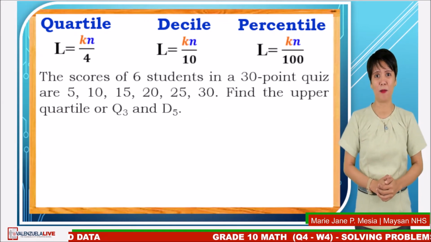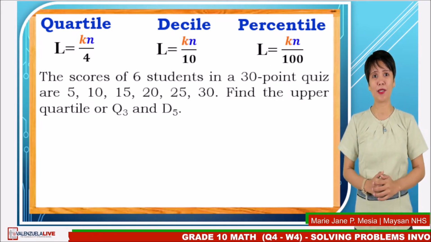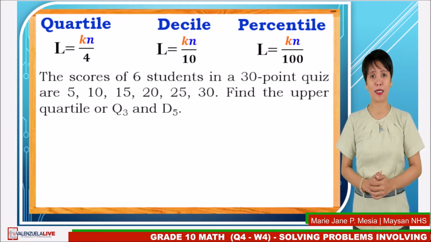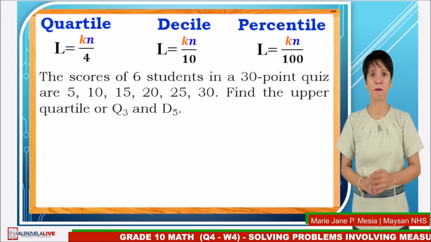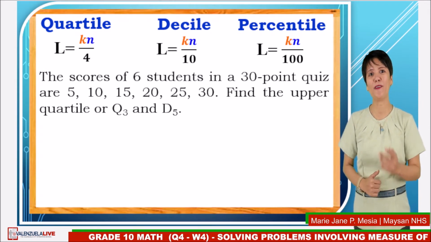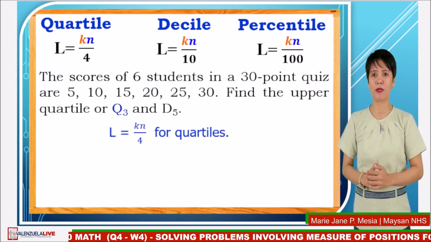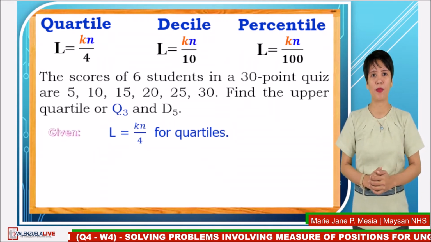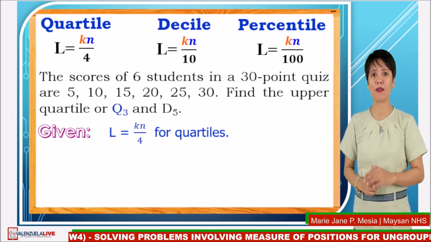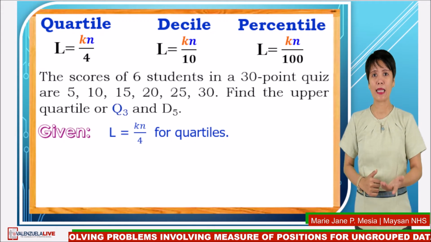For example, the scores of 6 students in a 30-point quiz are 5, 10, 15, 20, 25, 30. To find the upper quartile, or Q sub 3, use the locator L is equal to Kn divided by 4 for quartiles.